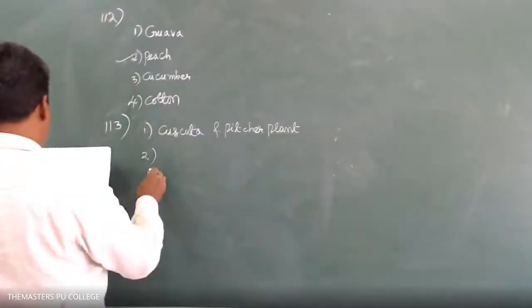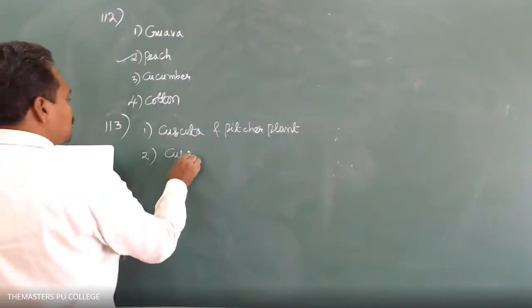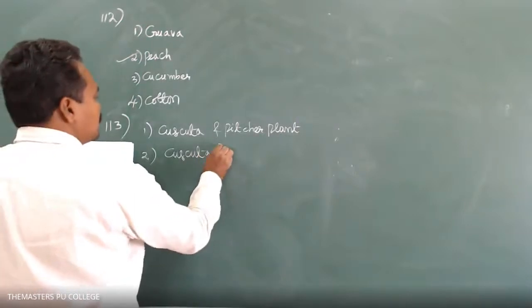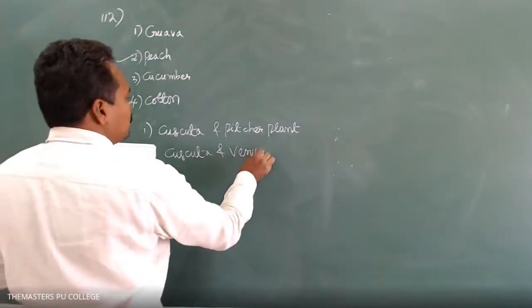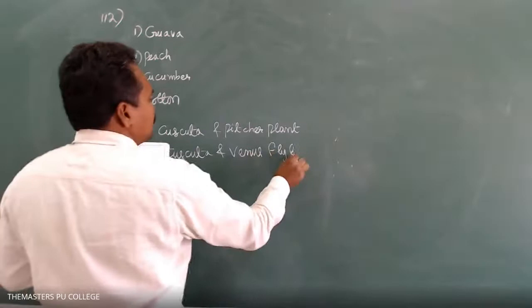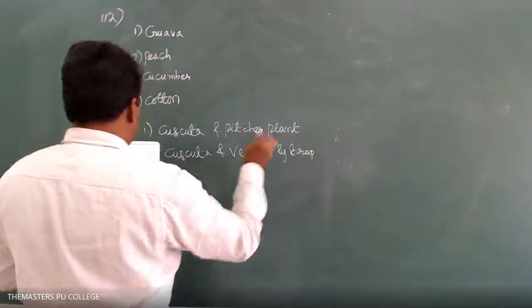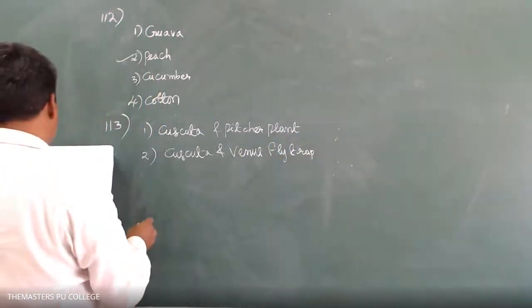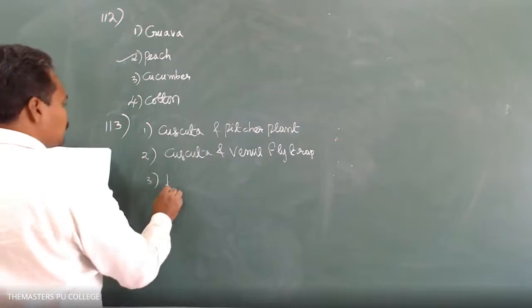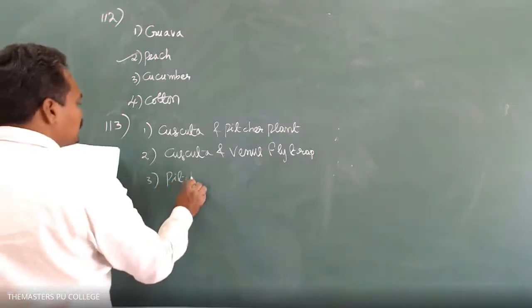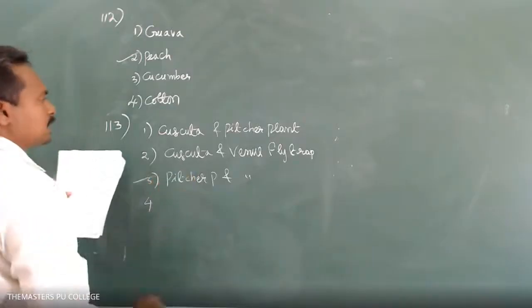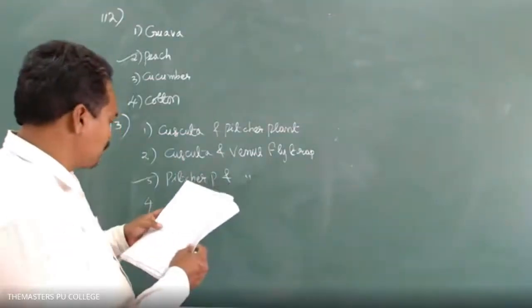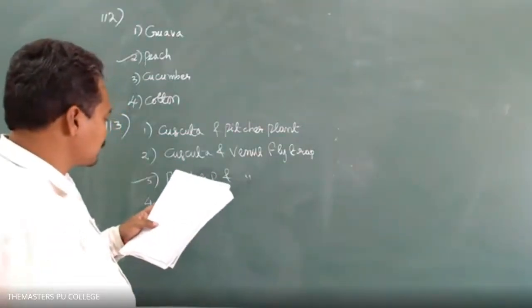Option 2 is Utricularia and Venus flytrap. Option 3 is pitcher plant and Venus flytrap. Very good. Option 3 is the correct answer.